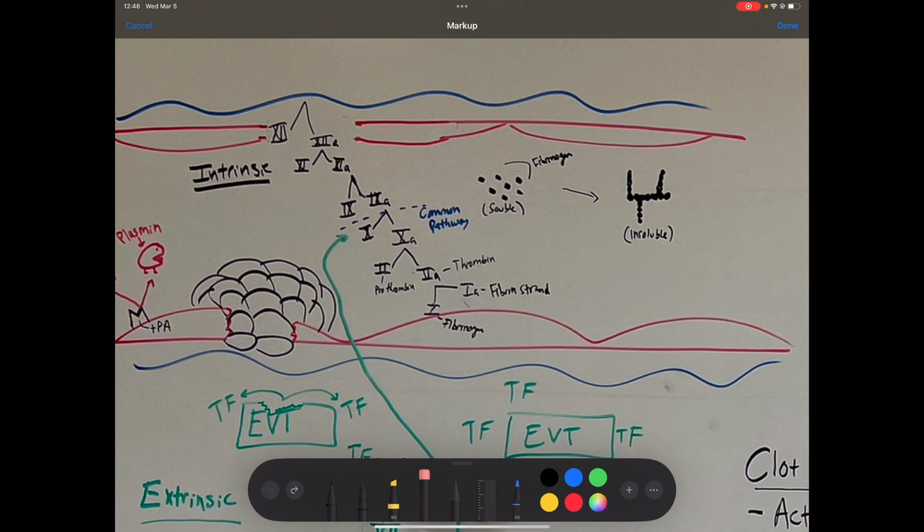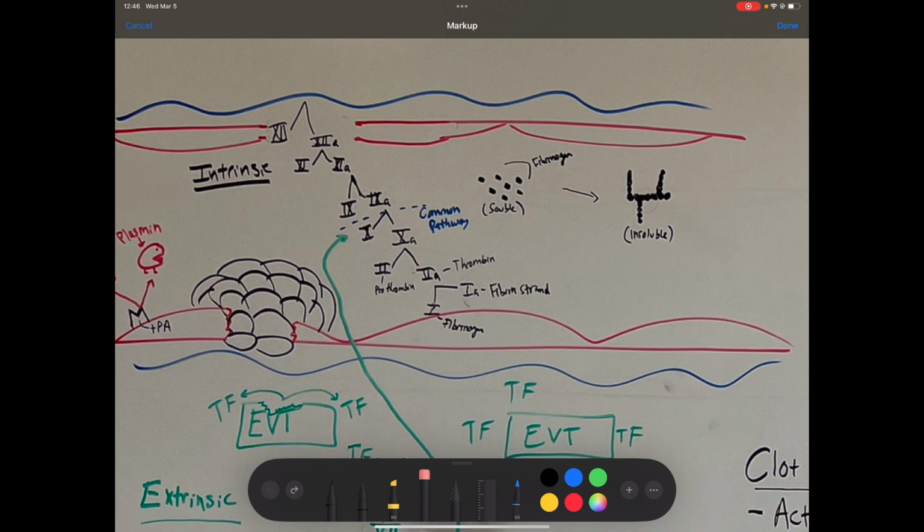And thrombin activates fibrinogen, which is inactive, kind of floating in the blood, and then it turns into active 1, or the fibrin strand. We talked about fibrinogen. When it's inactive, it's just floating within the blood, and it's soluble. But when thrombin comes, it activates it and turns it into more of a strand.